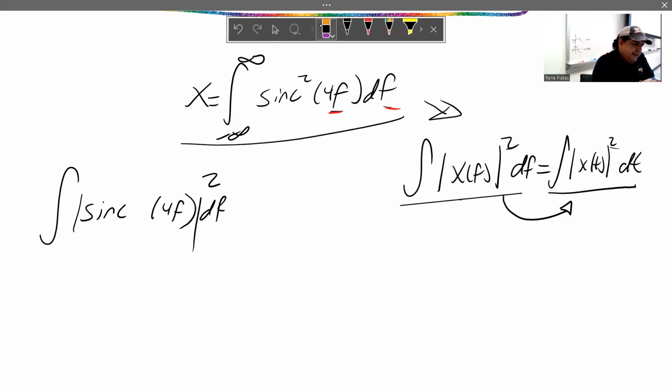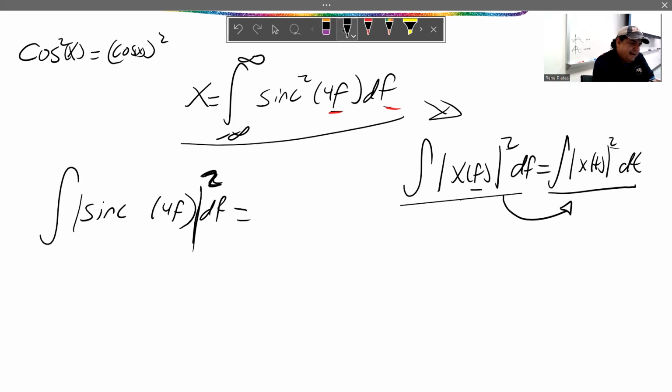So now all we have to do is make this equal to sinc of this, right? What happened to the sinc squared? The squared is right here. Why? Because the cosine squared of x is the same thing as cosine of x, quantity squared. Same with all trigonometric functions.